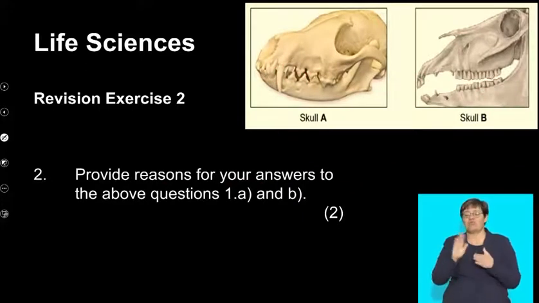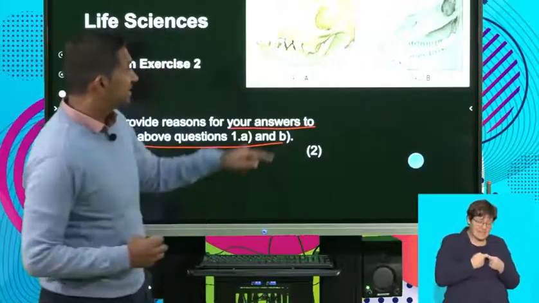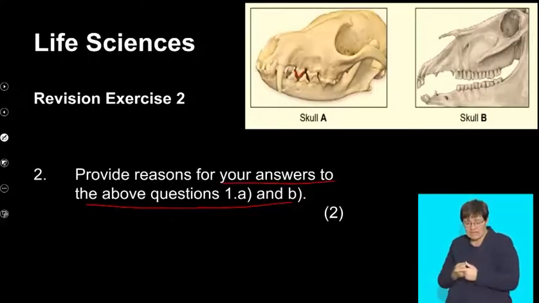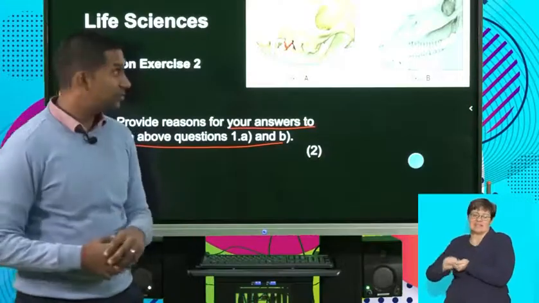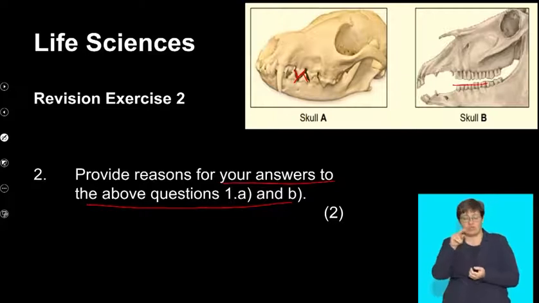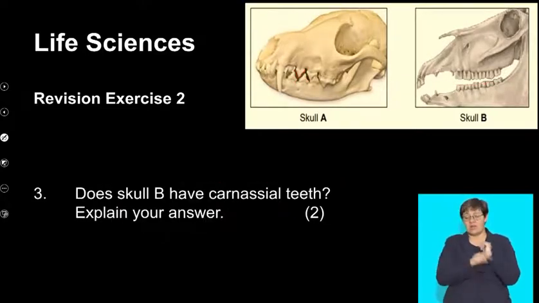Right, let's see, provide reasons for your answers to the above questions. As I just pointed out, I've explained the adaptations of these triangular teeth for crushing bones and the flattened teeth for grinding plant material. Guys, one last question before we have a wrap.